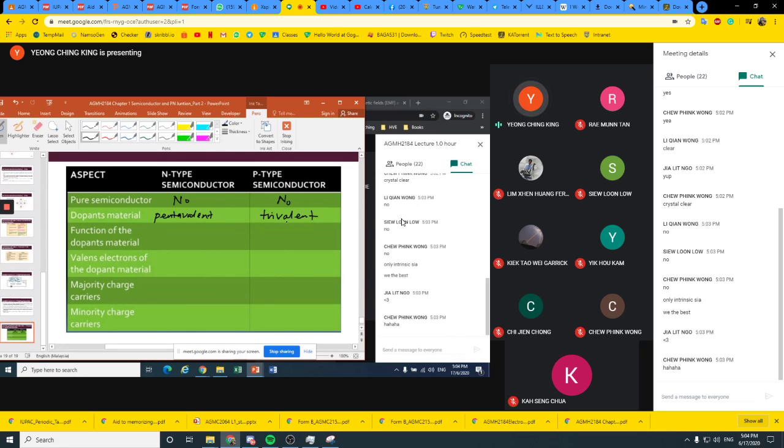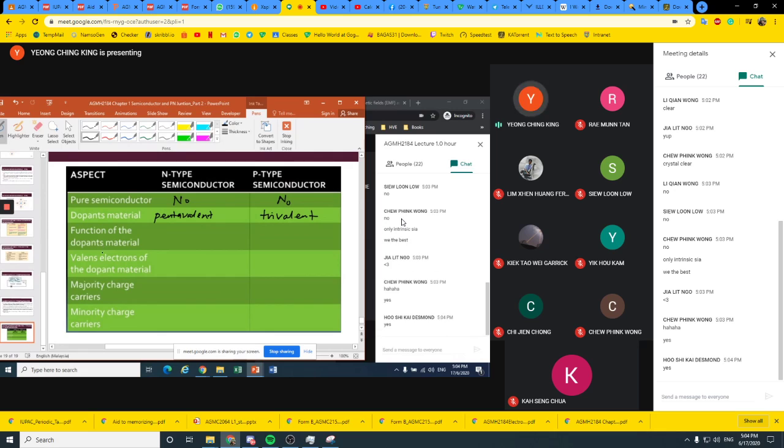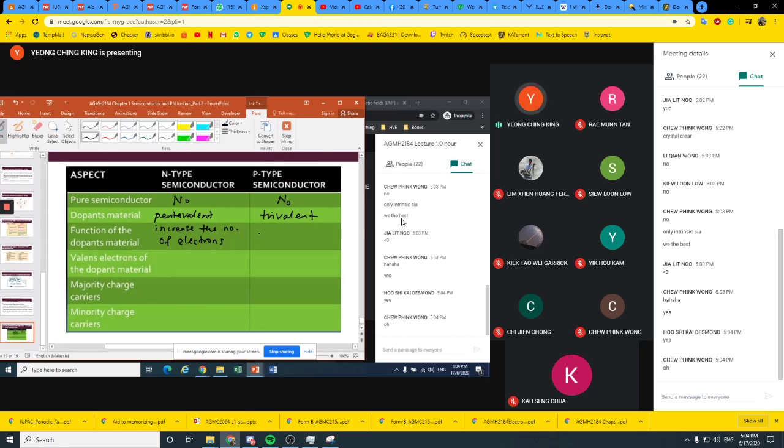Do you get it correctly? So, function of the dopant material here. N-type with the pentavalent, so with 5 electrons. Therefore, it will increase the number of electrons. This one will increase the number of holes.